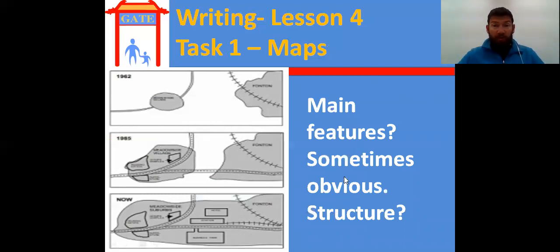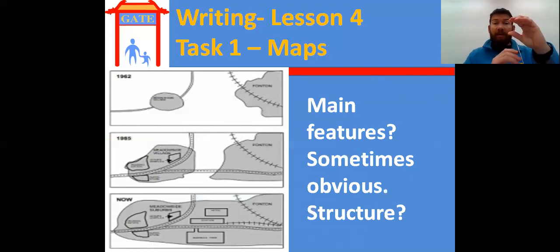In terms of the structure for the other paragraphs, in this situation, I would suggest 3 BPs. Again, 3 body paragraphs. So you have your introduction and then BP1, the main features. Then I would have a BP2 and a BP3. And I would probably do it in one way. I would talk about the changes in the buildings, and then I would talk about the changes in the transport.